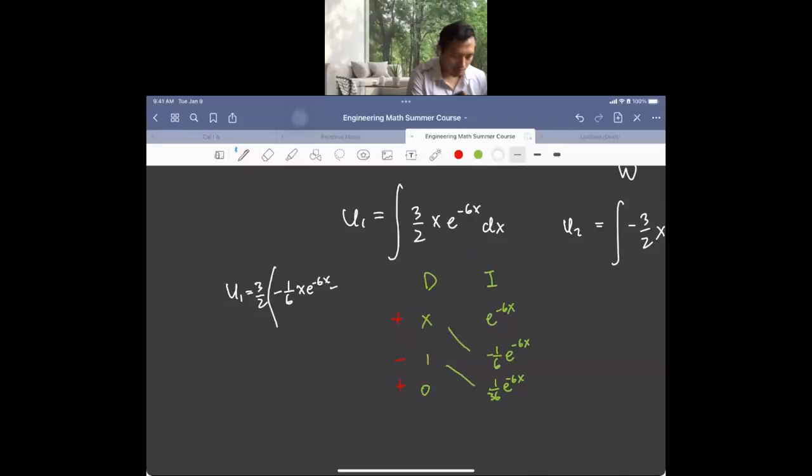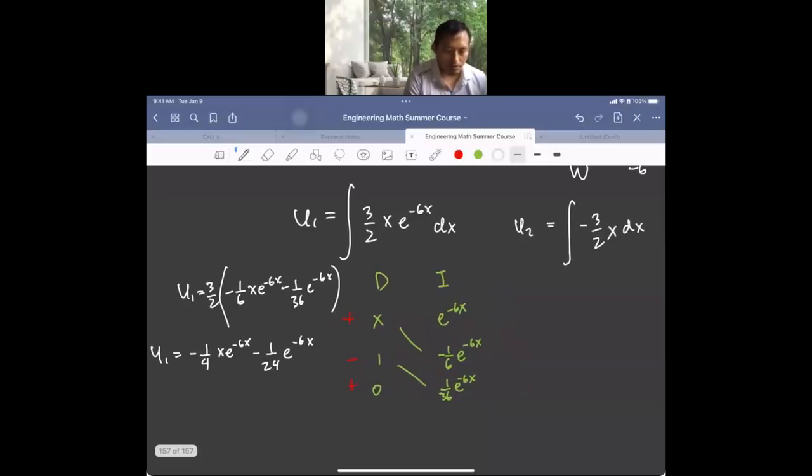This is plus minus plus. And then minus 1 over 36 e negative 6x. So u1 is negative 1 over 4 x e negative 6x, negative 1 over 24 e negative 6x.